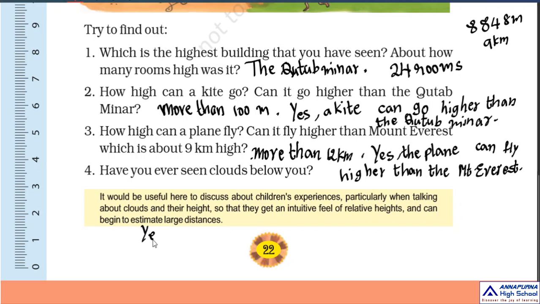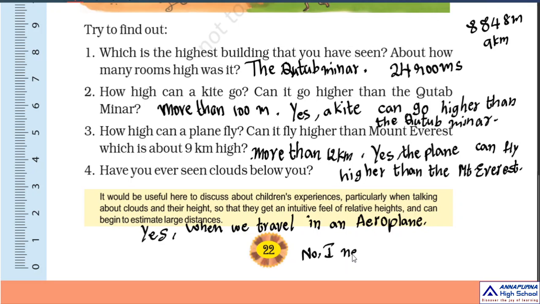Yes, when we travel in an aeroplane, or if you never traveled, write your answer like this: No, I never saw clouds below me. You must choose your answer, children.